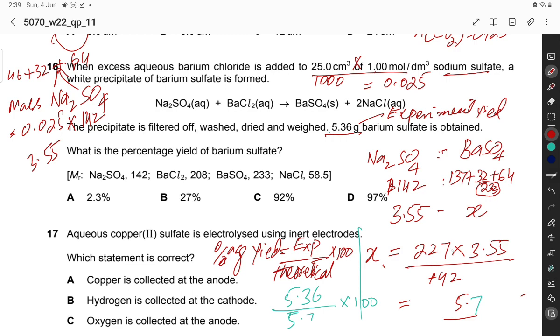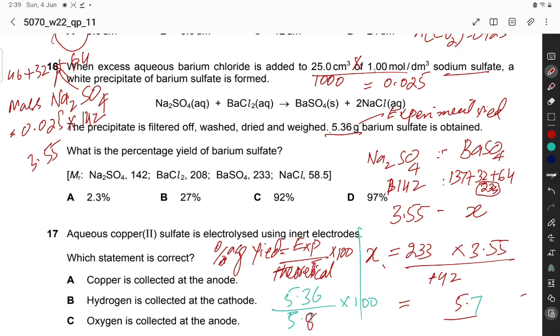So 233 over here, 233. Now 233 into 3.55 is equal to 827 divided by 142 equal to 5.8.